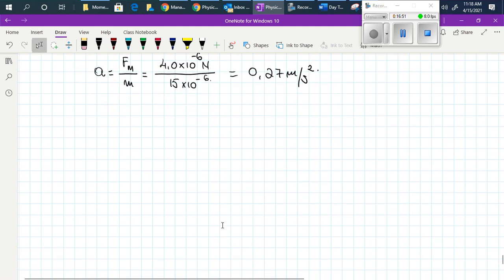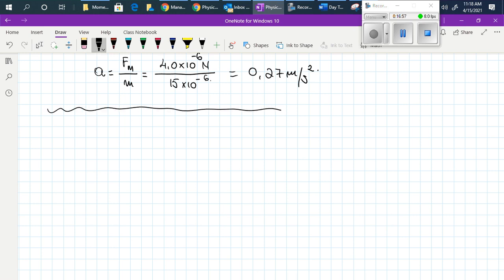Okay, let's take a look at another example where we are calculating and figuring out the direction of the magnetic field strength. So what is B?